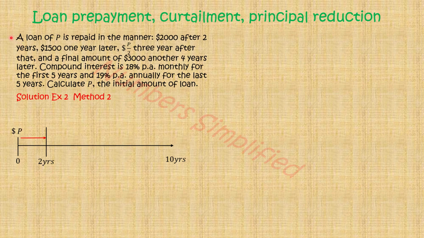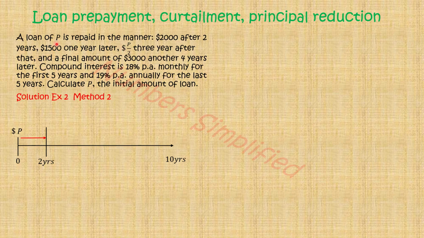Let's look at example 2 once again, but this time around we are going to use method 2. In place of L, I'll substitute that L with P so that we differentiate between method 1 and method 2. Right, so we still have the same question.